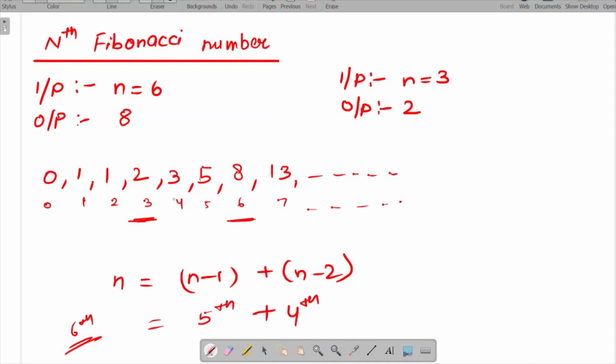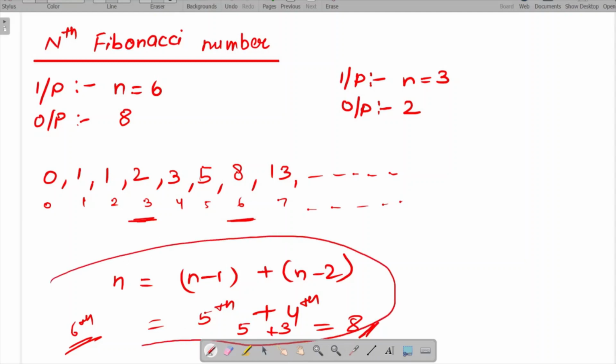For finding the value at the sixth position, the value at the fifth position is 5 and the value at the fourth position is 3. So the value at the sixth position that we have got is 8. This is the idea behind solving a Fibonacci series. So let's now see how we can write the code for this problem.